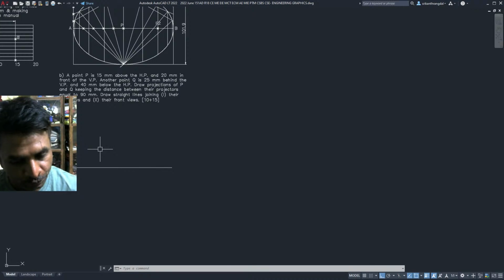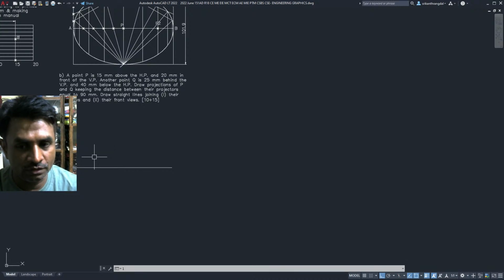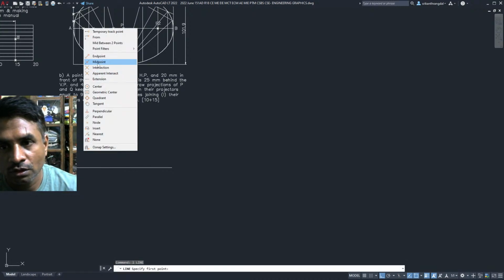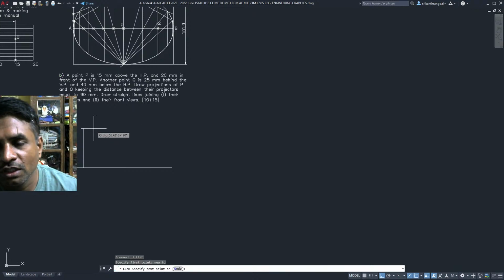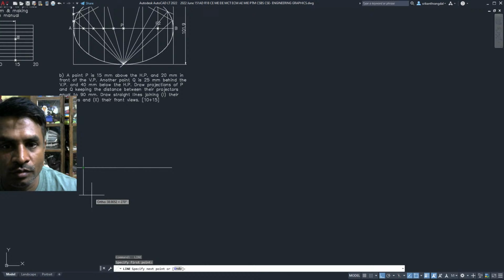Let us start. So, a point here. Let me start here. 15 mm above, so that means I have to take 15 mm above, and then 20 mm in front of VP, so the top view is going to go below XY.